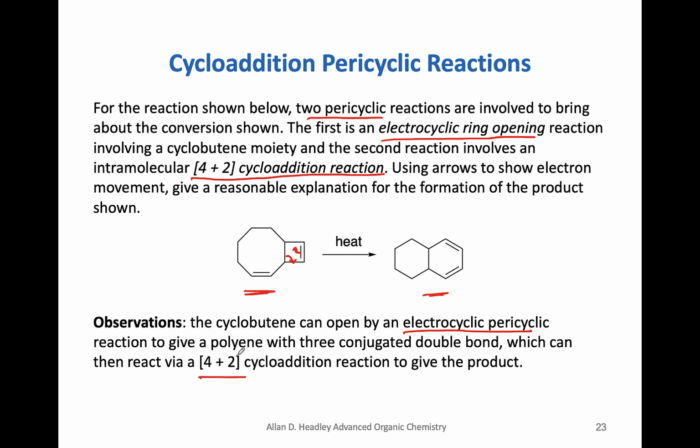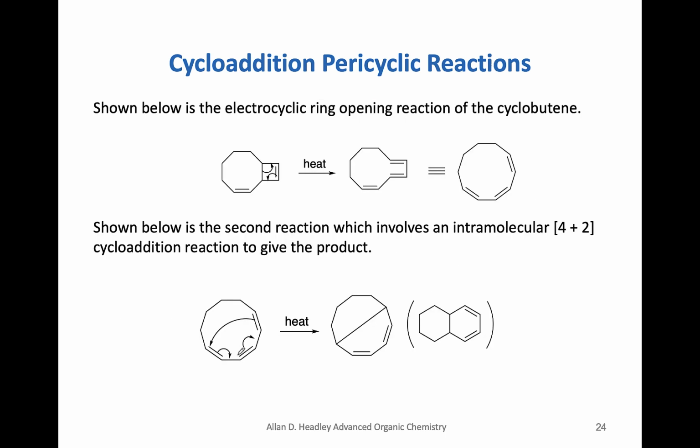So that's a little difficult to see, so let's do it step by step using the two different reactions. The first reaction here is this. So here's a cyclobutene. Opening this up, we get this, which, if that's an electrocyclic ring opening, remember those reactions are reversible. So you can close it by going in this direction, or you can open it going in that direction.